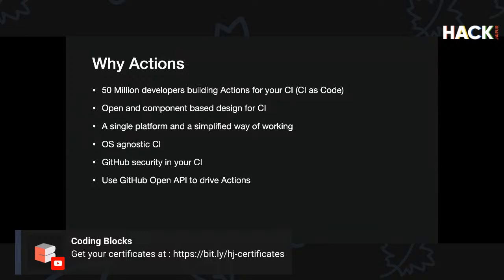It has monitoring capabilities through the logs. It's all on one single platform, so it's easy and going to save you a lot of context switching. It's OS agnostic. Security is built in directly because it's on the GitHub platform, and it uses our open API standard to drive the different actions. So this is going back to the foundation where you have the loop based on triggers, dispatching of webhook payload, and you respond according to build the automation that you would like, right?